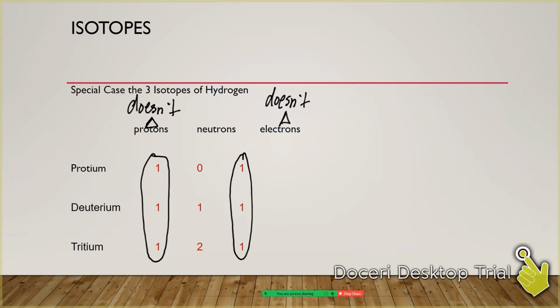So what is changing when you talk about the three isotopes is their number of neutrons. And because the number of neutrons is changing, that means their mass number would change. So they would be different isotopes.